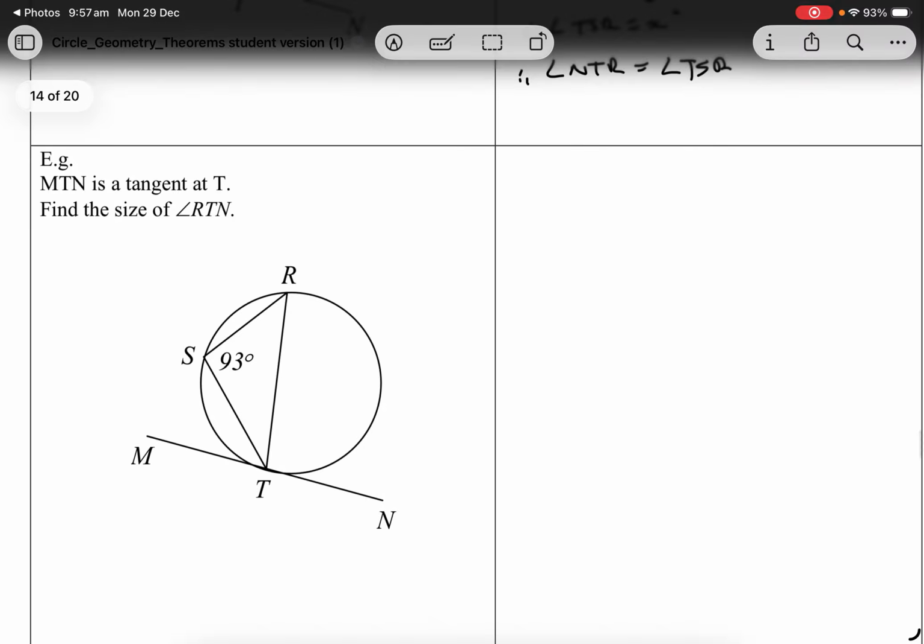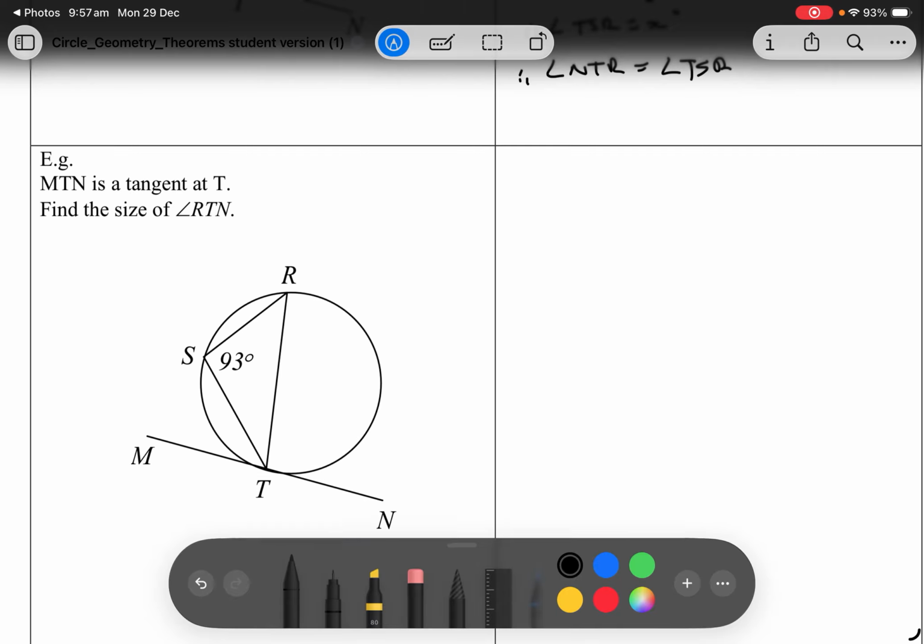Now, we're going to apply this. So we're told that MTN is a tangent at T, and we want to find the size of angle RTN. So angle RTN, this one here, is equal to 93 degrees.